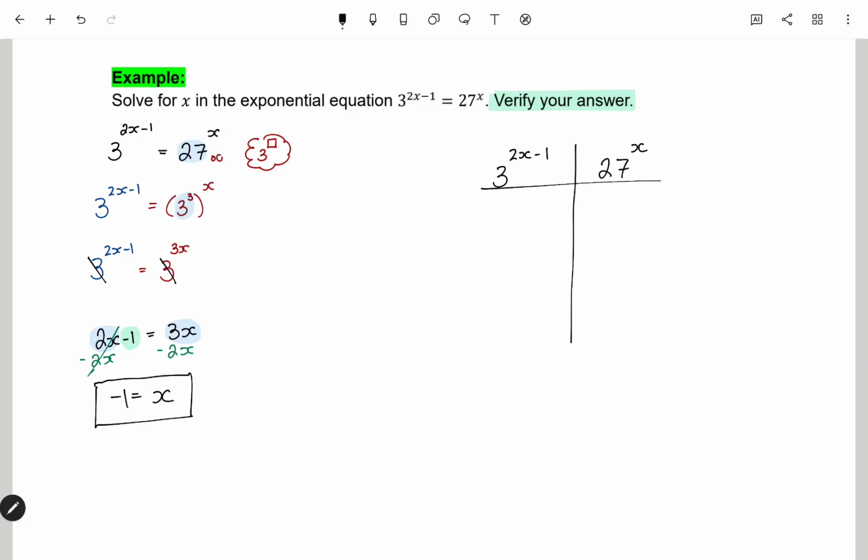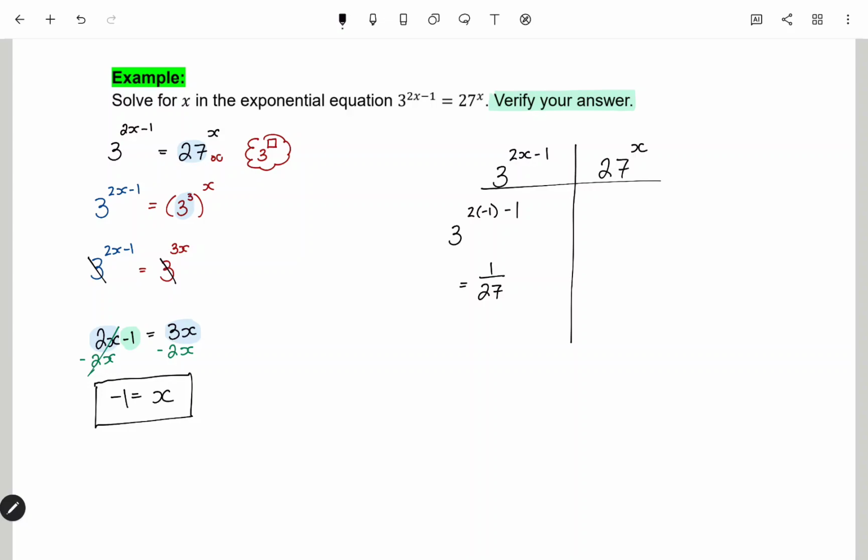So we're going to replace x in this equation with -1. So it's going to become 3 to the power of 2(-1) minus 1. If we throw this in our calculator, it's going to tell us that this is 1 over 27.